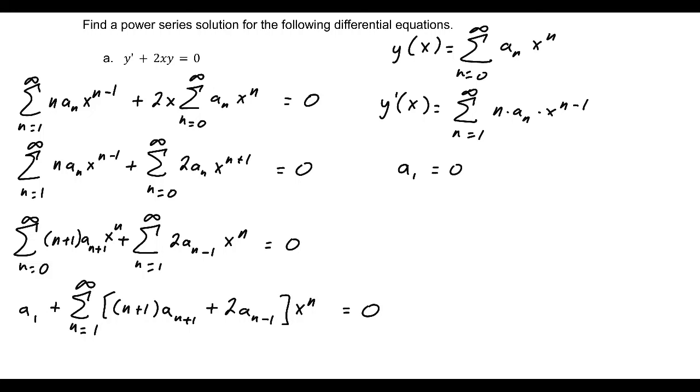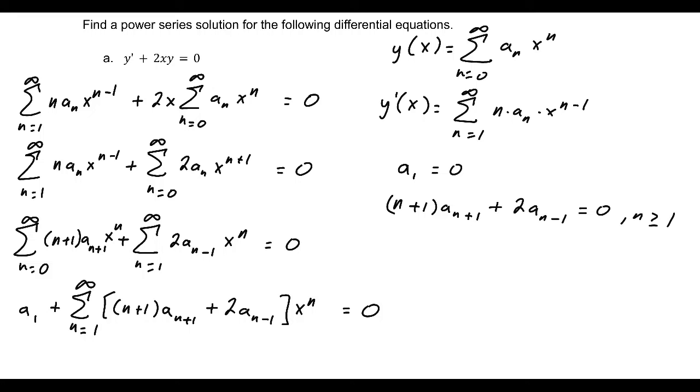But that also means that (n plus 1) multiplied by a sub n plus 1, plus 2 a sub n minus 1, is equal to 0 as long as n is greater than or equal to 1, based on our index.